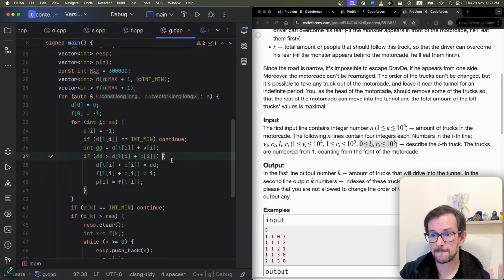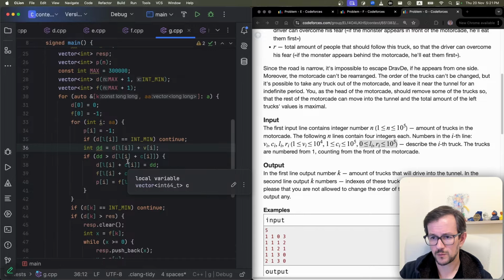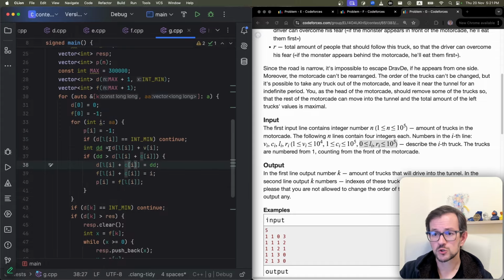So the intellectual part is actually this. I make this one transition from here to here. I take the value d of L_i, add the value of the bus, then look at the value in this position, check if my value is better, then update it.